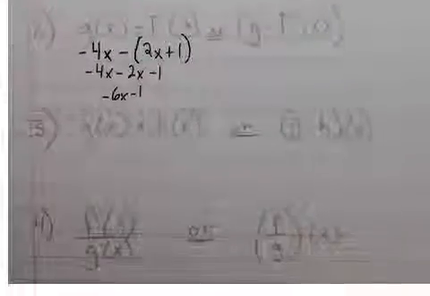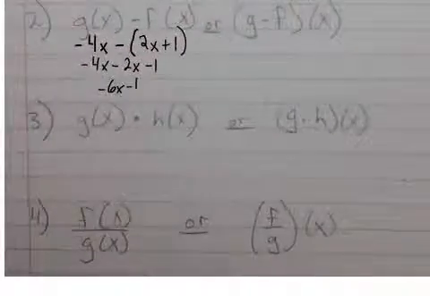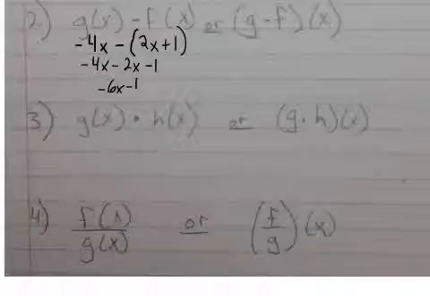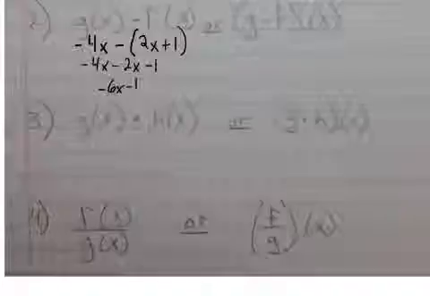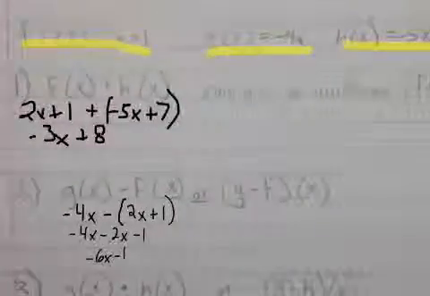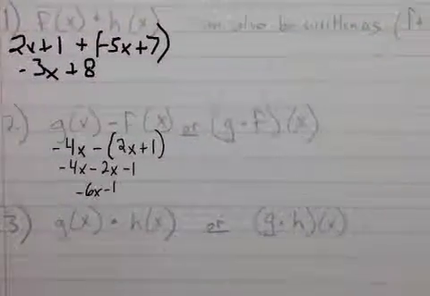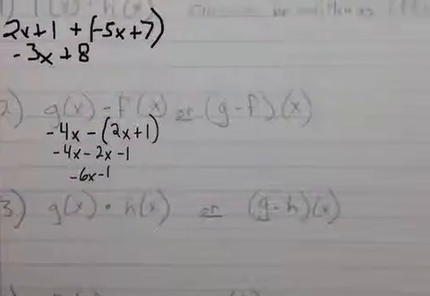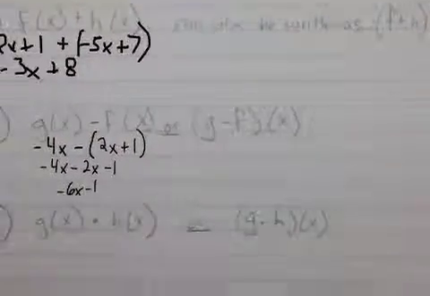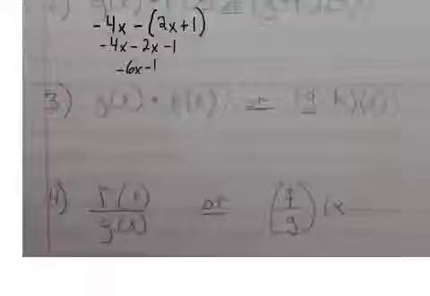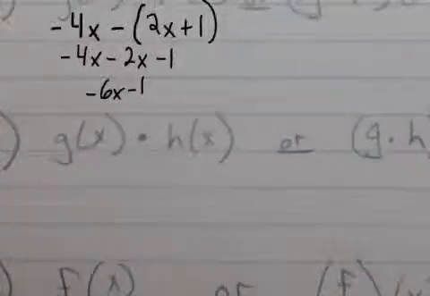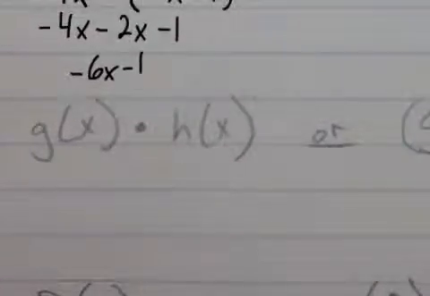All right, so now we're going to do g of x times h of x. So there's both ways to look at that problem. Again, g of x times h of x. So now we're multiplying functions. G of x is that negative 4x, and h of x is negative 5x plus 7. So let's write that down real quick.